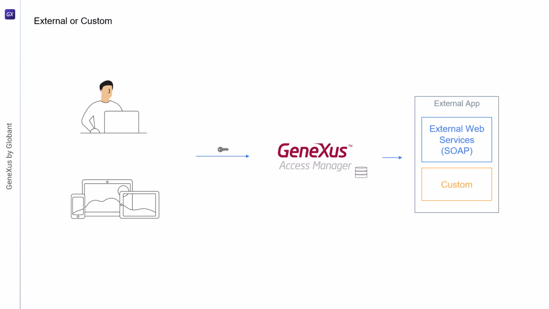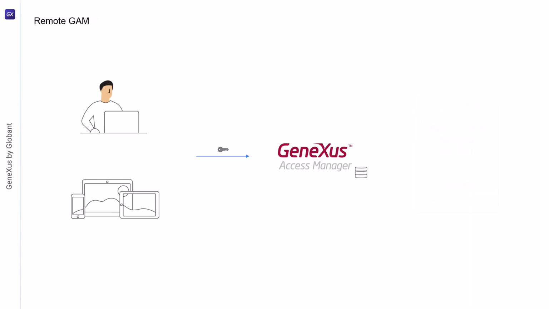In these cases, GAM facilitates mapping the roles defined in GAM with the external roles. We can also use remote GAM, since GAM itself is an identity provider that will handle the user's credentials. Therefore, we can set up an application using GAM to validate the user's credentials in another GAM instance that will play the role of identity provider.